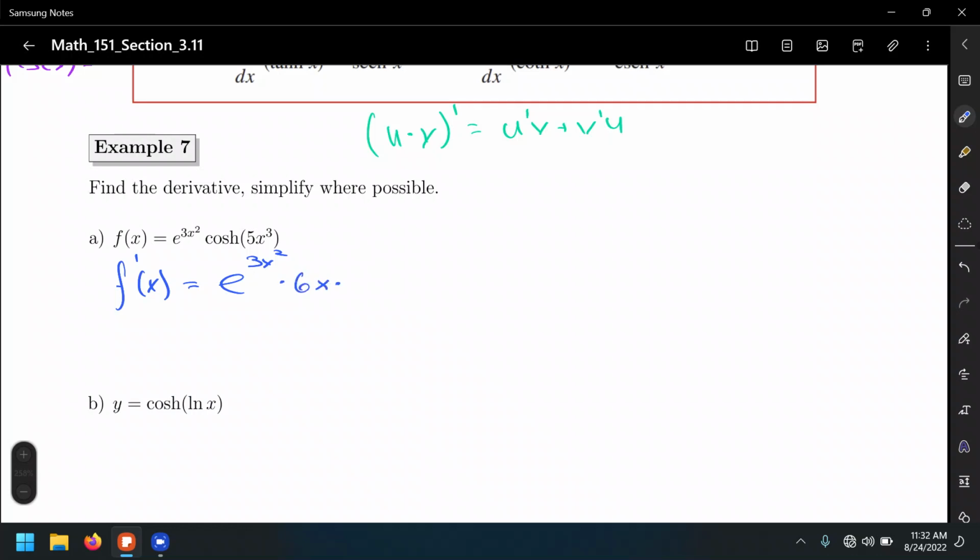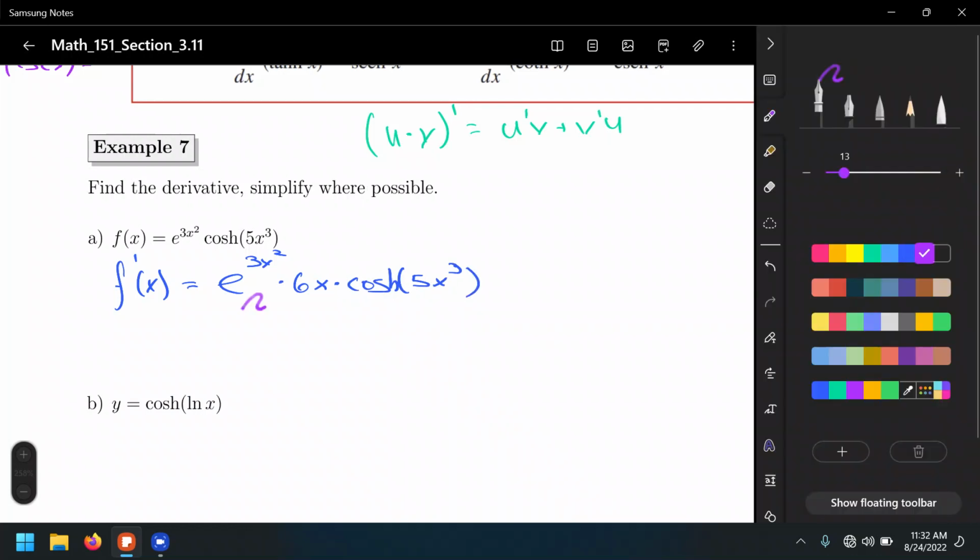That times cosh 5x cubed. Okay, what do we have so far? This comprises the u prime, this comprises the v. So that's the u prime v part. Okay, let's do the next part.